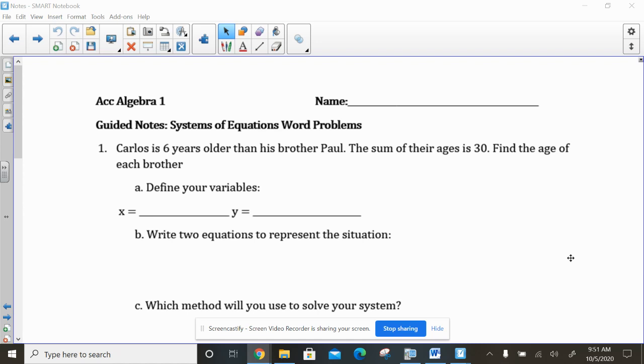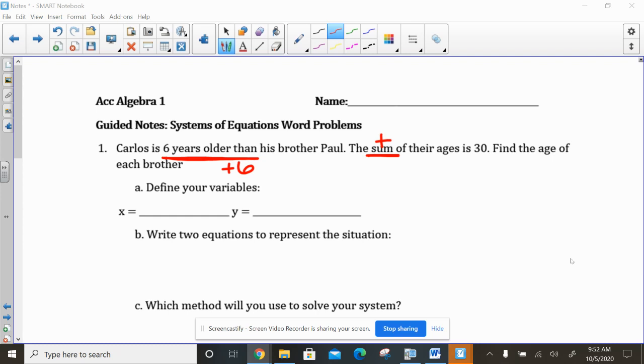Okay, so the first question says, Carlos is 6 years older than his brother Paul. The sum of their ages is 30. Okay, now I know that he's 6 years older, so I'm going to be adding 6. I also know the sum of their ages, so that means to add also, is 30.